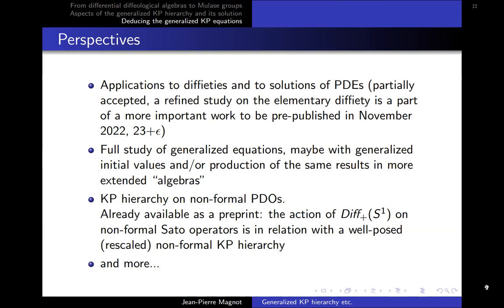There is actually a preprint which is available on arXiv with Enrique Reyes, which describes how the action of orientation preserving diffeomorphisms of a circle act on non-formal Sato operators, and how it is related to a non-formal KP hierarchy, which is proven to be well posed.